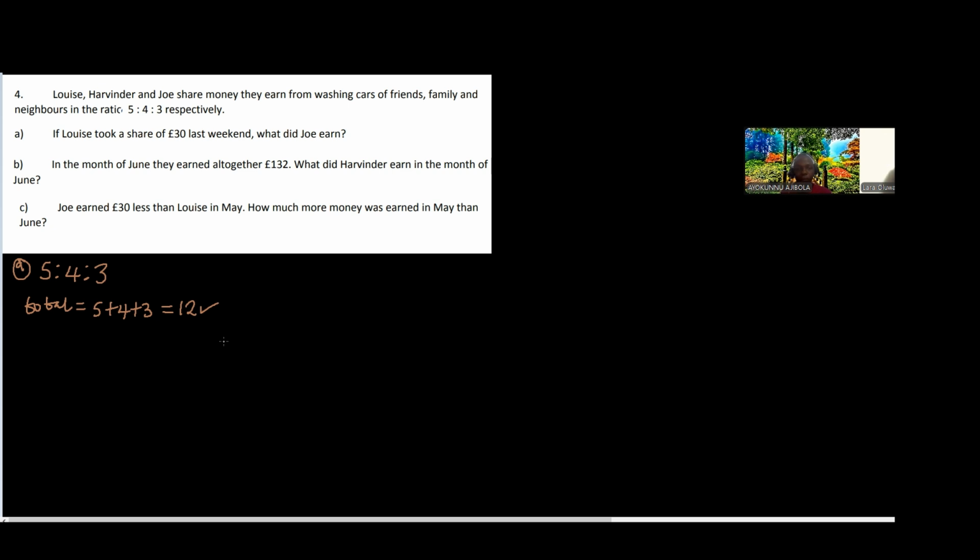Is that clear? Now, Louise has a share of 5 over 12, Harpinder has a share of 4 over 12, and Joe has a share of 3 out of 12.